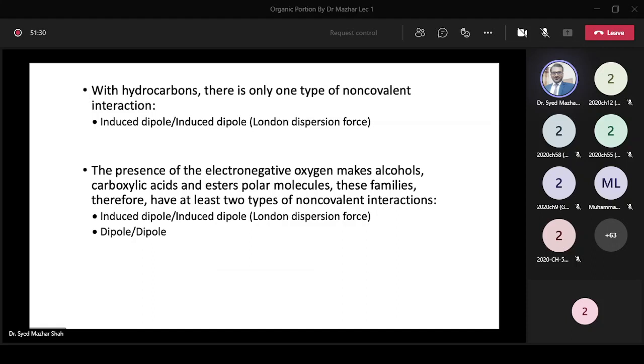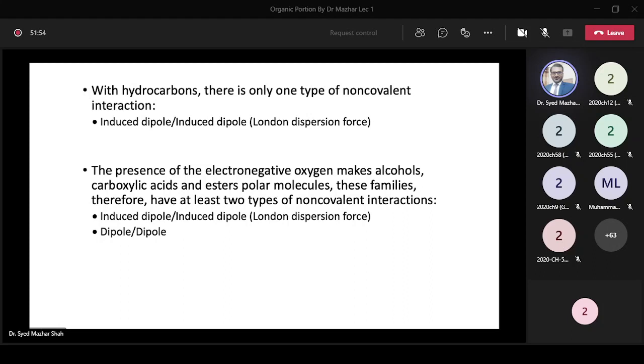This section, I think we already discussed a little, is what type of intermolecular forces of attraction are present between them. Please note they have mentioned non-covalent interactions, because these are mostly non-covalent interactions.